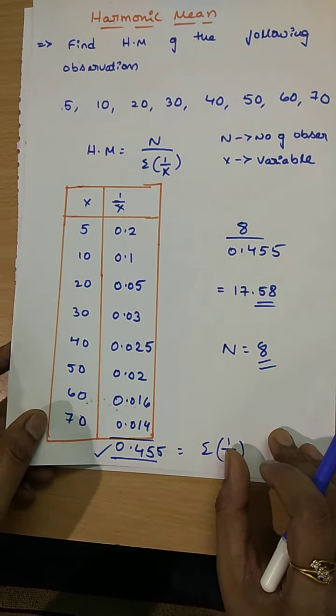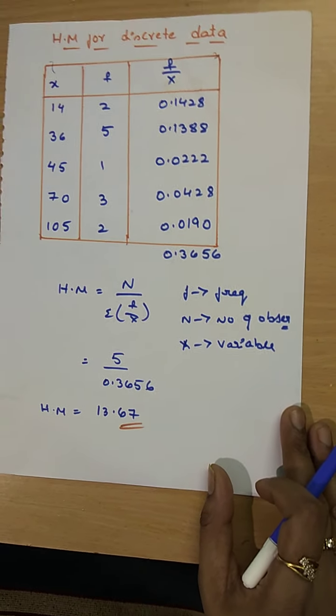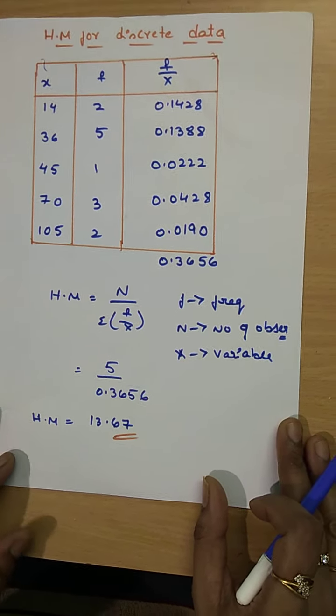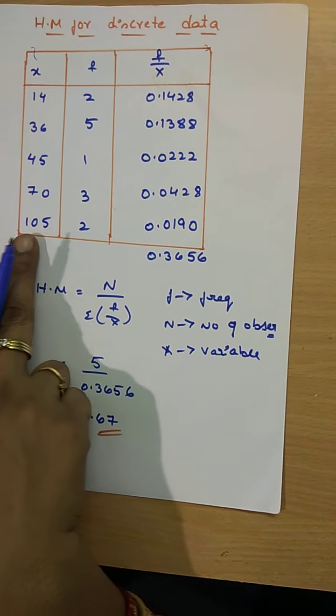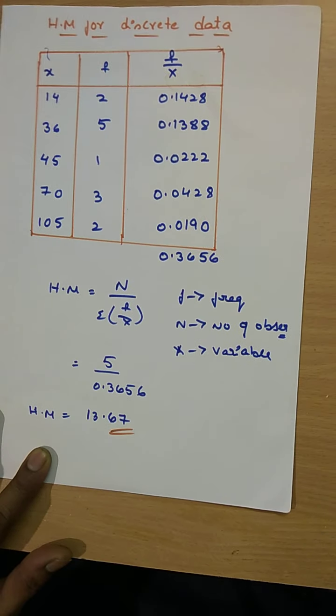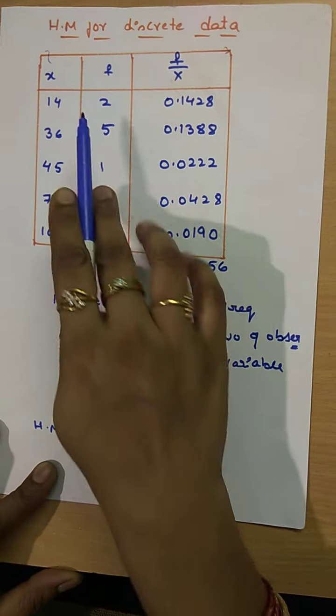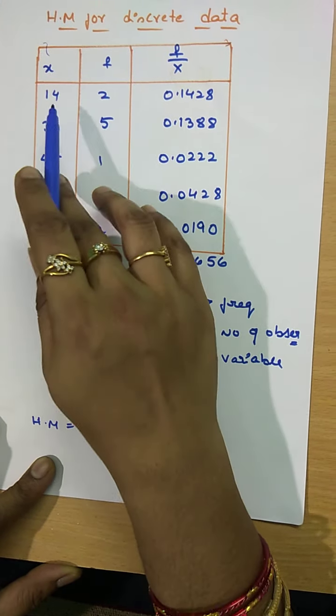Now we need to find the harmonic mean for a discrete series. Discrete series means x values and frequencies both are given. Here f they have given, x we know.